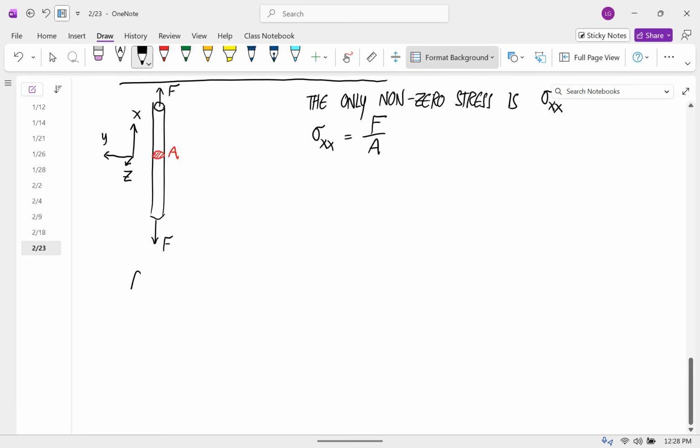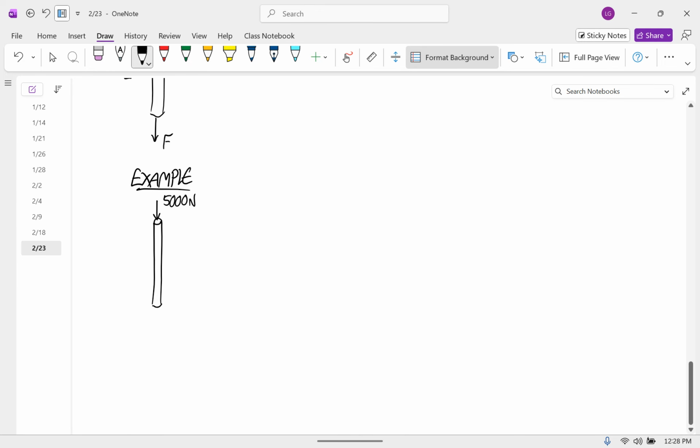So let's see this in a simple example first. So let's say that we have a bar like this with 5,000 newtons of force applied in compression.